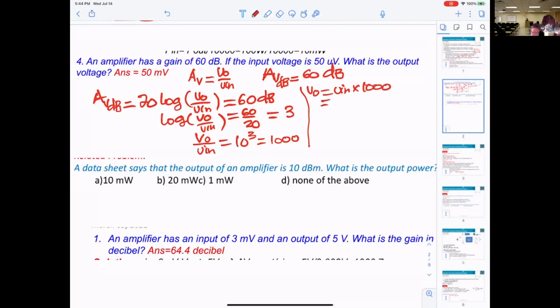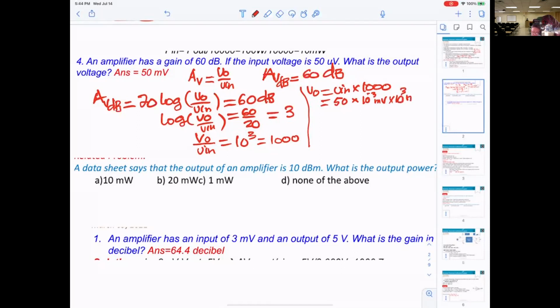V in is 50 microvolt. Okay, 50 microvolt. That means 50 times 10 to the power of minus 3 millivolt, times 1,000, 10 to the power of 3.